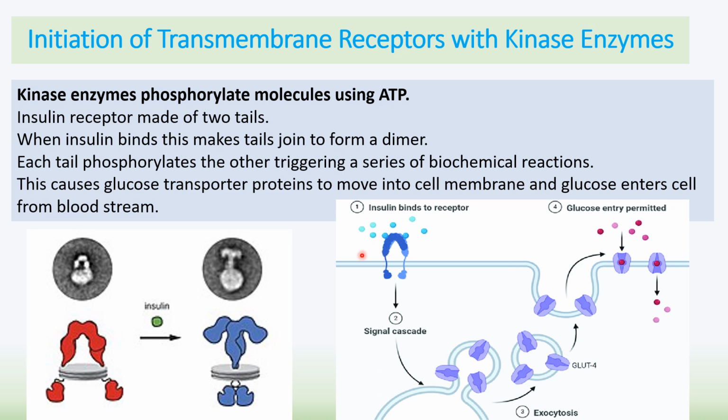So when the enzymes are activated by insulin attaching to the receptor, that causes a series of reactions that causes these vesicles with GLUT4 proteins to attach to the membrane, and then glucose can enter the liver cell, and that can be stored away as glycogen to lower your blood sugar levels.